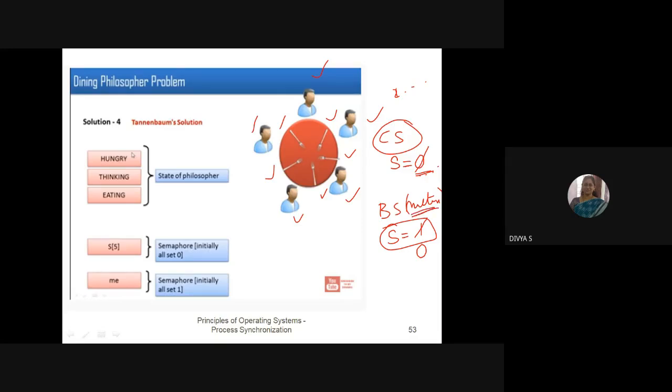That is why the mutex locking mechanism is also used. Whenever you use mutex, remember one important point: this solution will for sure satisfy the mutual exclusion requirement. Remember ME, mutex. This is also known as a binary semaphore, and it helps in satisfying the mutual exclusion requirement of the critical section problem.